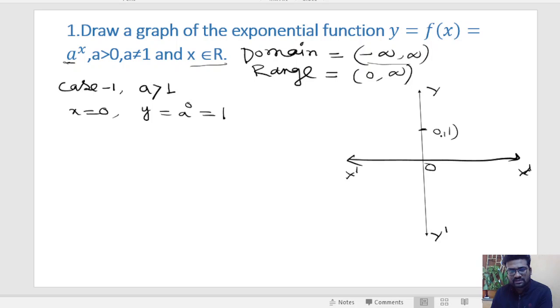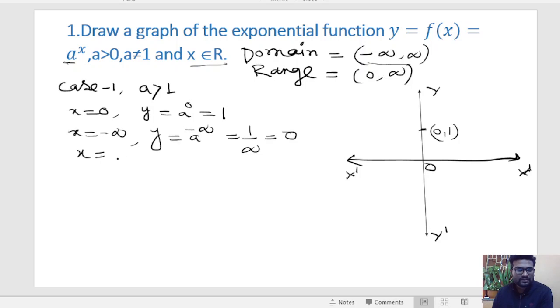This is the location of (0, 1), and again putting the value x equals minus infinity, y equals a to the power minus infinity. So 1 by infinity, we get the result 0. Again putting x equals plus infinity, y equals a to the power infinity, so we get the result infinity.